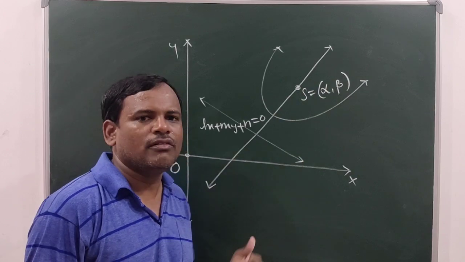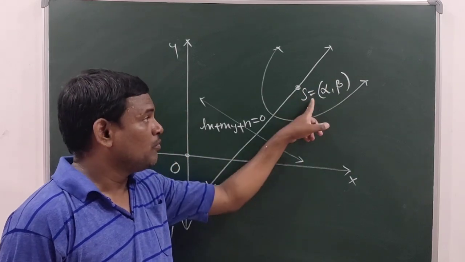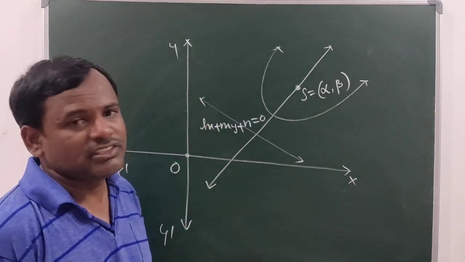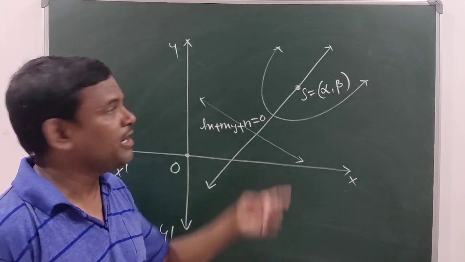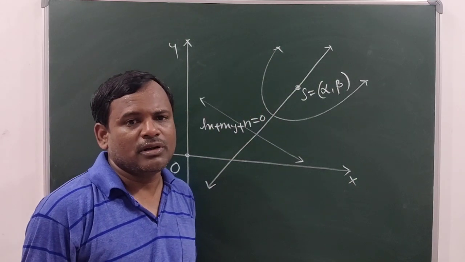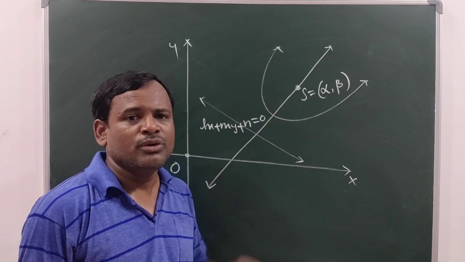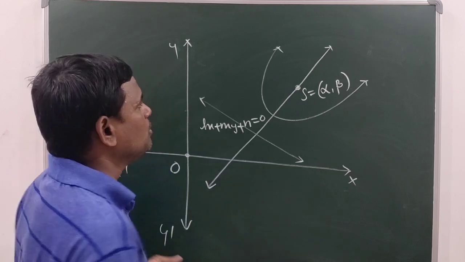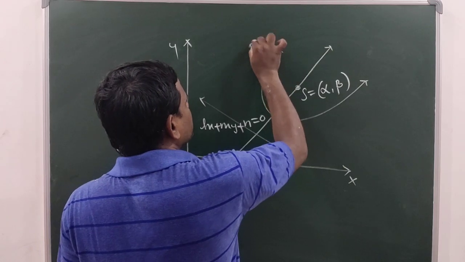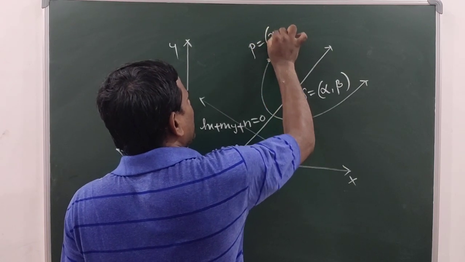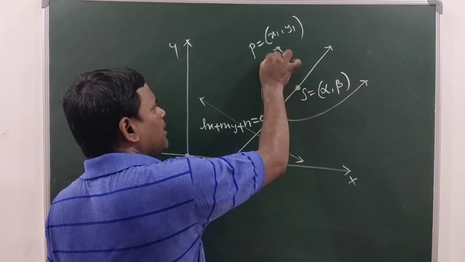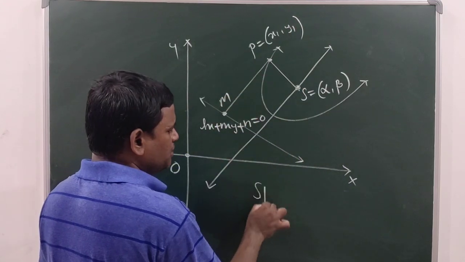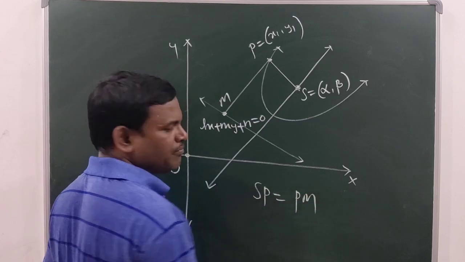So in this case, the focus coordinates alpha comma beta and the directrix equation will be given, and they will ask you to find the equation of this parabola. For this, you have to apply the SP by PM equal to 1 concept. Consider a locus point on this parabola to be x comma y, or x1 comma y1, and measure SP length and PM length. Now apply SP is equal to PM.